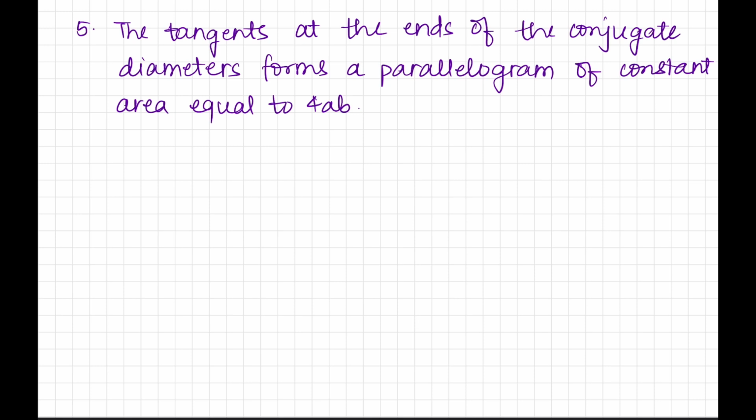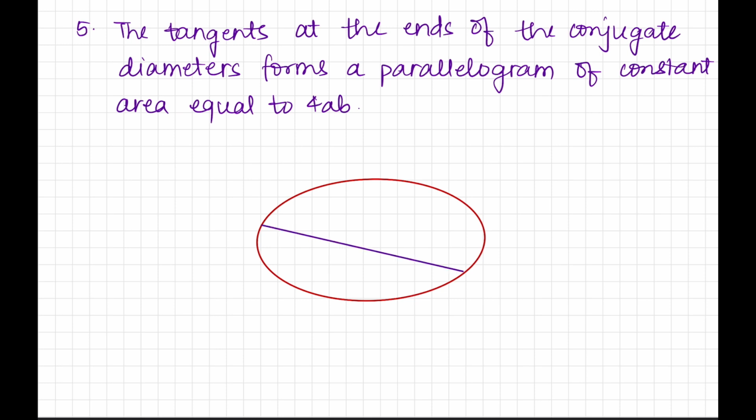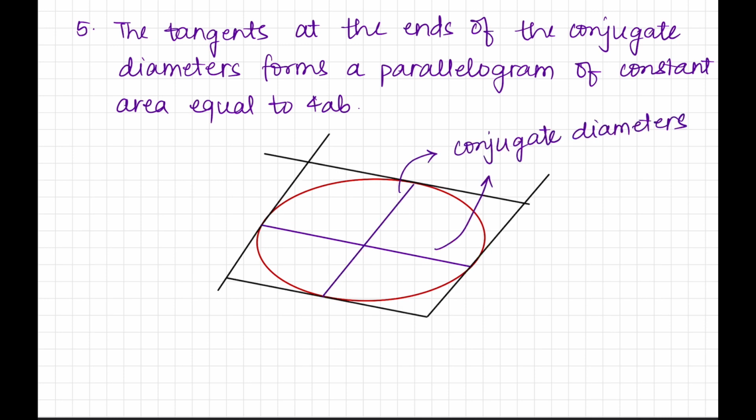Let us discuss this fifth point with the help of a diagram. Let us say we have taken an ellipse, and one diameter is of this kind and the other diameter is somewhat of this kind, and this area is basically constant and equal to 4AB.